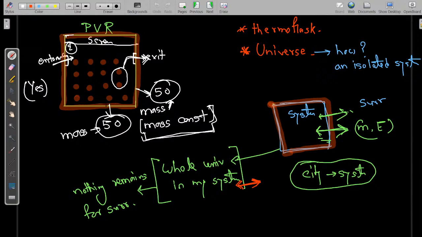So there is no restriction on how many persons are coming inside that PVR and how many persons are leaving the PVR. Okay.